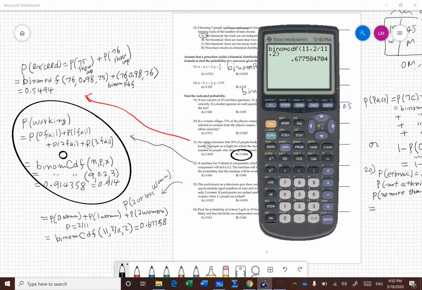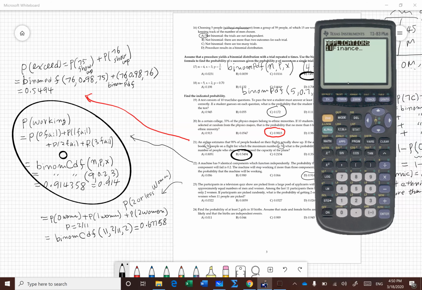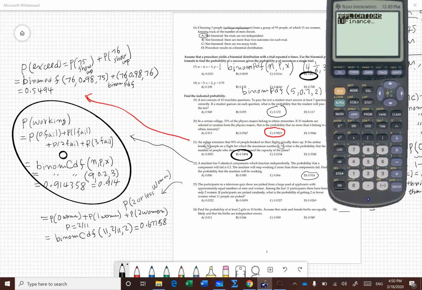Yeah, 11. There are 11, so 2 out of 11. Yes. That's interesting. Okay. Getting 2 or fewer, 0 women and 1 woman and 2 women. And when it is 11, oh, wait a minute.